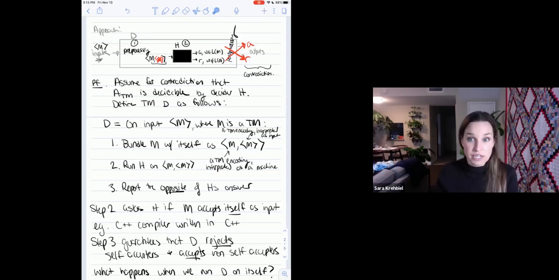For compilers, that's fine. I could take a compiler, bundle it with itself, and ask, does this compiler accept itself as a program? There's no logical problem there. That's actually something that can be done. But the problem is the special case where we say, if D is this program, feed it into itself. That's where we get this impossibility. So D might work on some inputs, but it doesn't work on all inputs, and so it's not a decider.